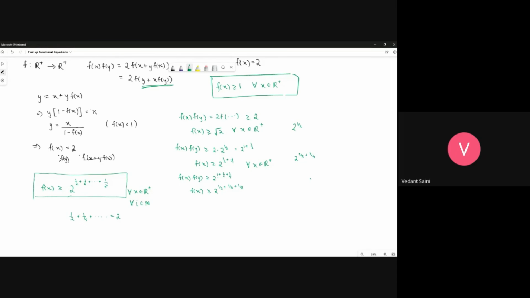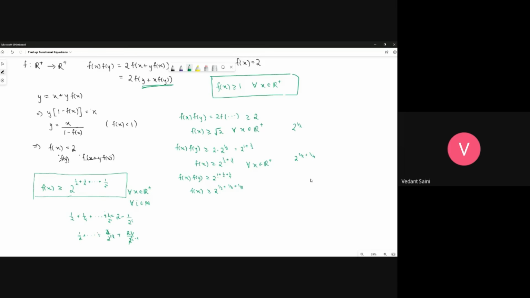If we cap this at 1 over 2 to the i, we get 2 minus 1 over 2 to the i, because taking this to the left hand side, we get 1 over 2 plus so on, minus 1 plus 2.